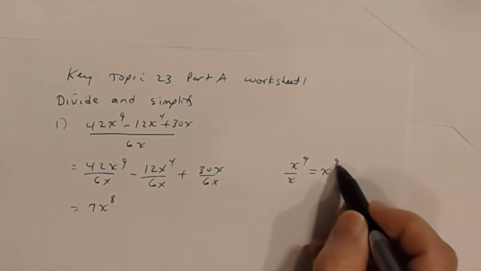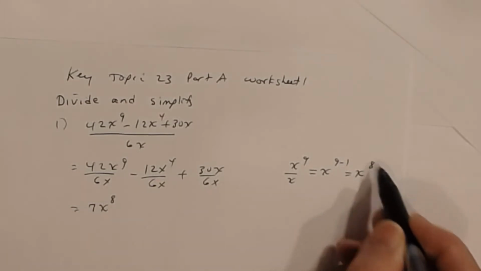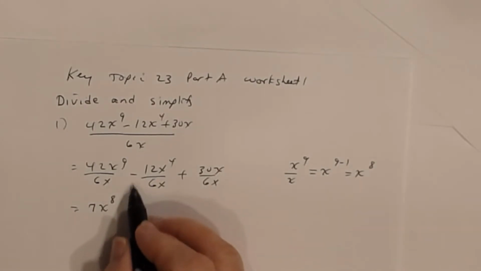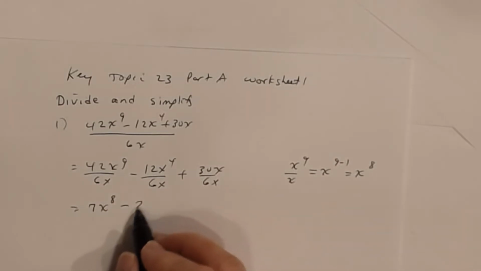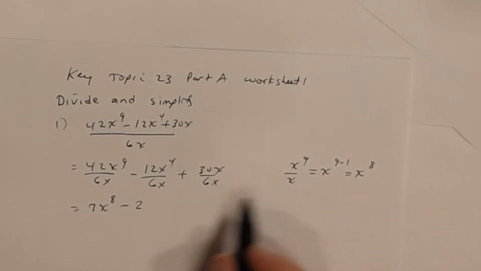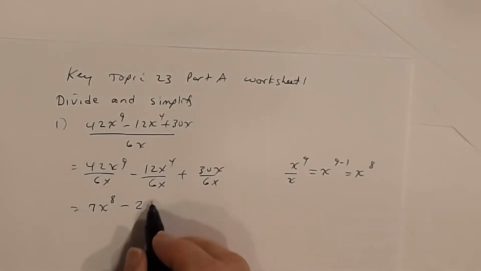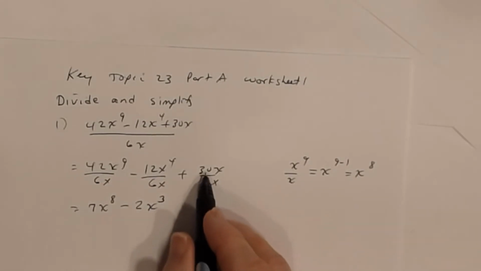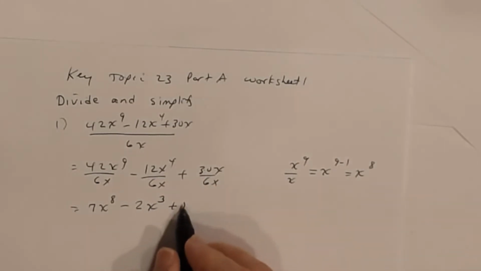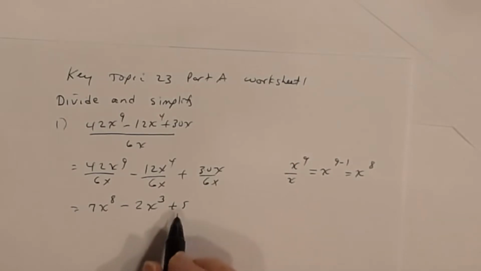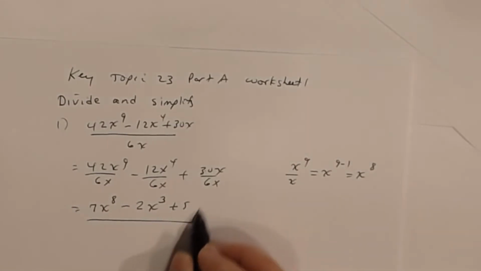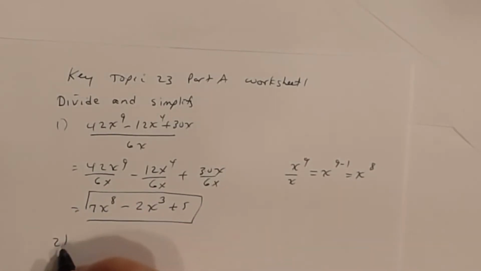So that's x to the ninth minus 1, which is x to the eighth. Minus 12 divided by 6 is 2. Same thing as we did with this one. X to the fourth divided by x is x to the third. 30 divided by 6 is 5, so you get plus 5. X divided by x is 1, so that's just 5. So there's your answer.